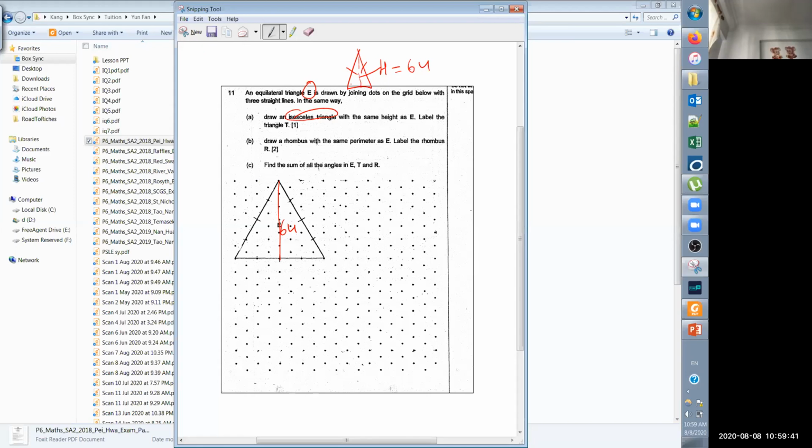you have to find out. So the height is the same. As long as the height is the same, so that's all. You just need the height as the same, right?